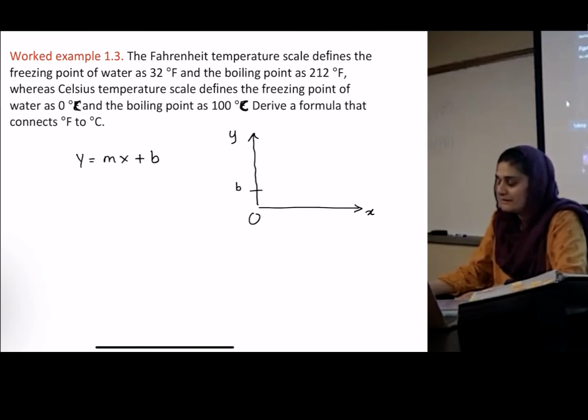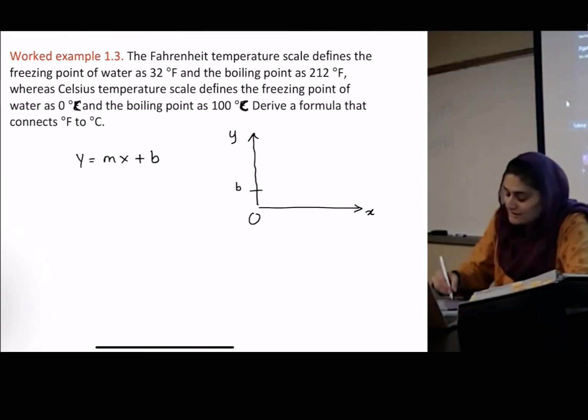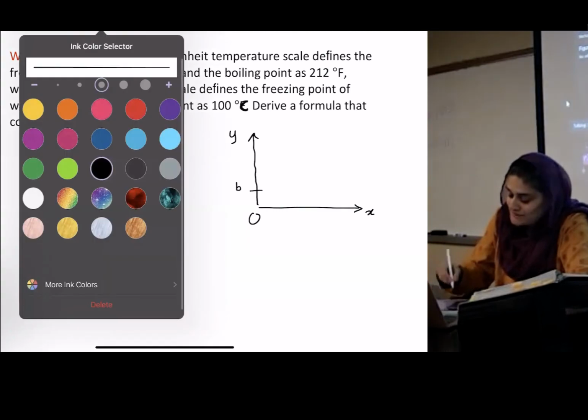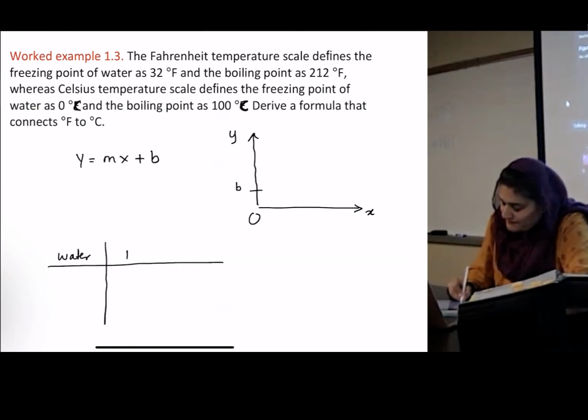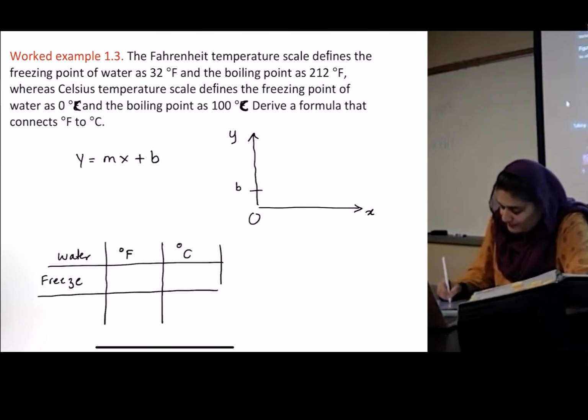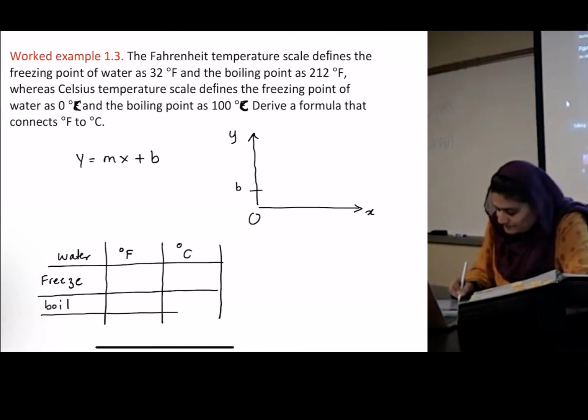So what does that example tell me? Water, Fahrenheit, Celsius, freeze, boil, and divisions.